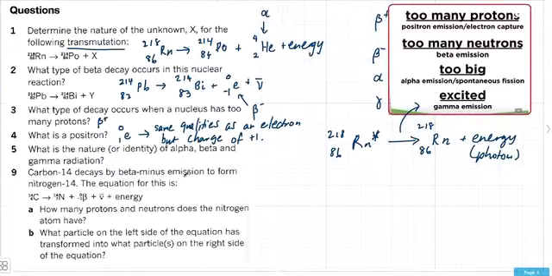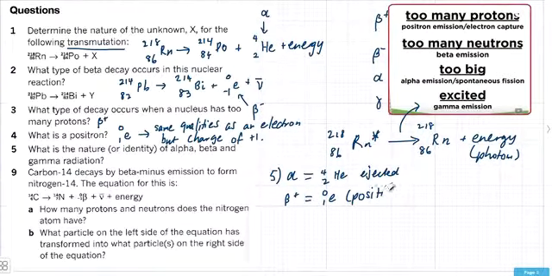What is the nature or identity of alpha, beta and gamma radiation? I'll just put question 5 over here so we have a bit of room. We know that alpha radiation is a helium nucleus that's ejected. We know that beta plus is a positron that's ejected, and all of these are ejected plus energy as well.